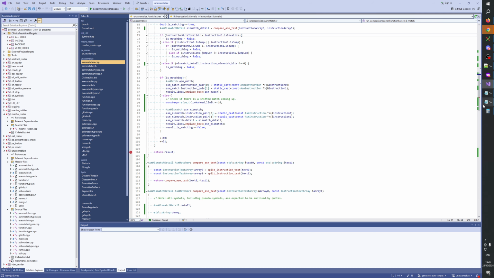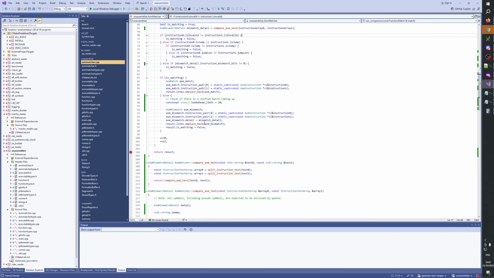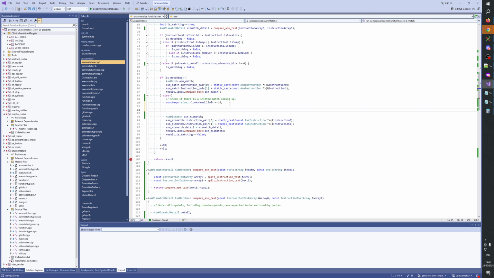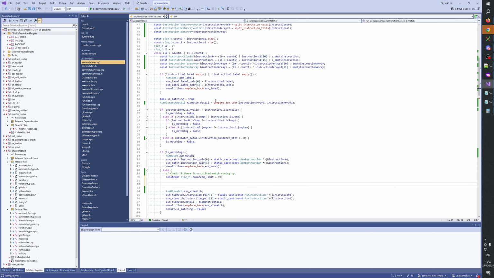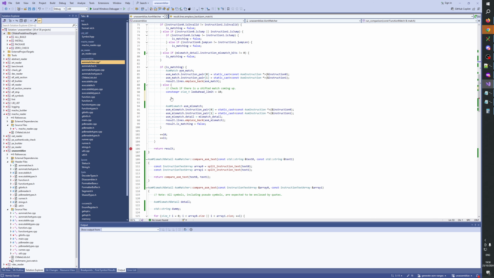Okay, now I forgot what we wanted to actually do. We wanted to look ahead. Okay, so what we need is a second pair of indices.